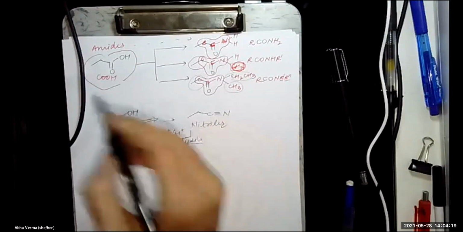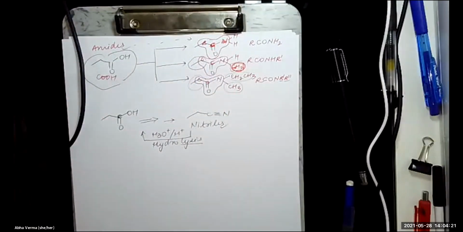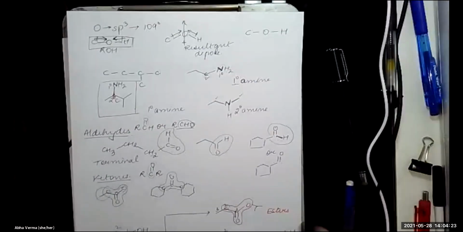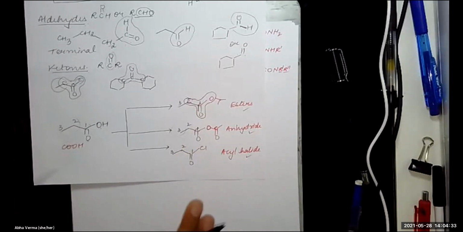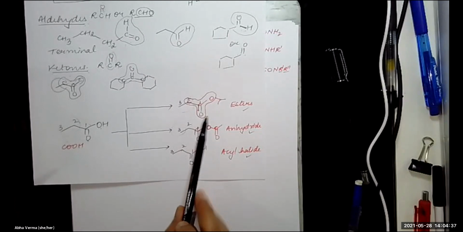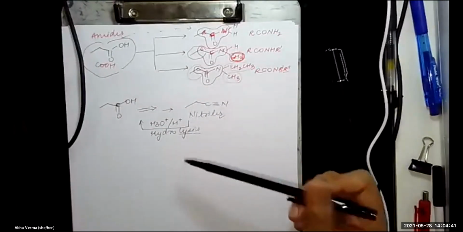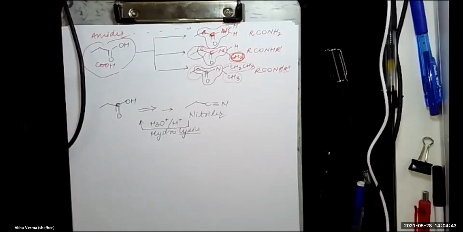So nitriles, amides, esters, anhydrides, and acyl halides, all of these are your carboxylic acid derivatives. You need to know and be able to recognize their pattern and know if they are an ester, anhydride, acyl halide, amide, or a nitrile.